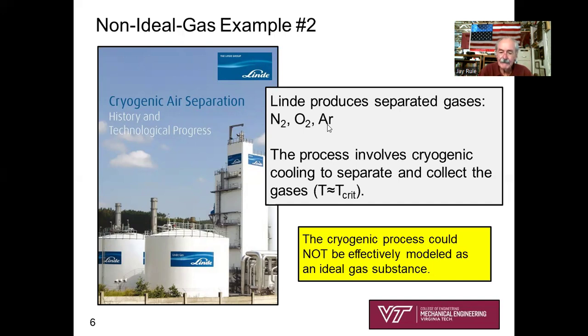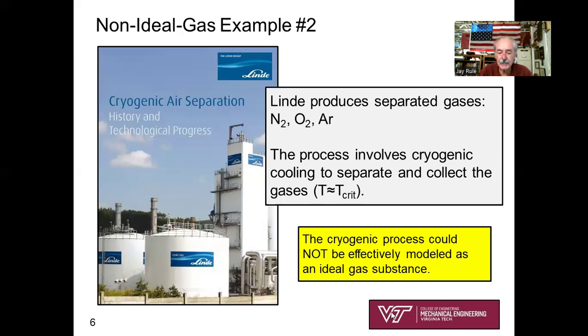But what they do is they have to get that air really, really cold in order to condense these substances out of the air. Cryogenic, right? So when you see the word cryogenic application, that is your clue to start checking the ideal gas equation of state model.